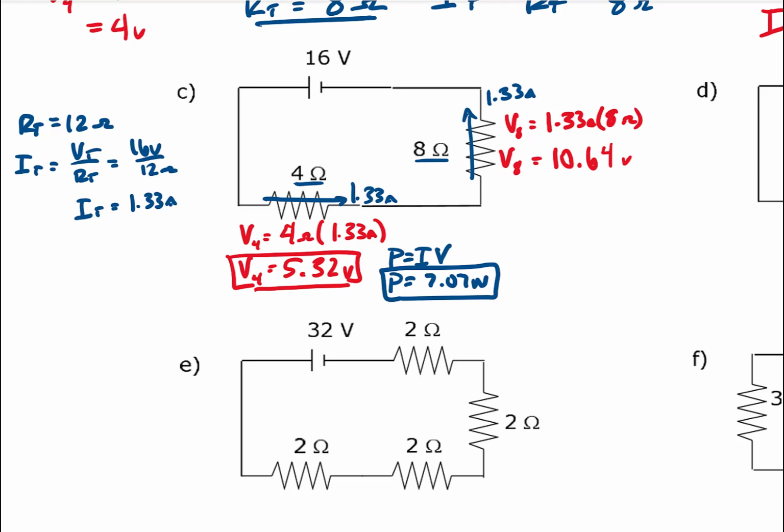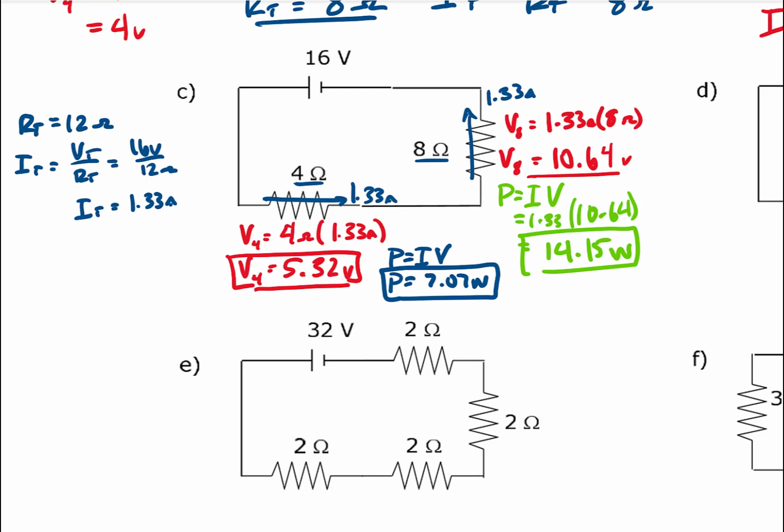If you put those together, you get something very close to 16. I think it's a rounding error if you don't quite get that. So that's our voltage, and if we want the power across this, it's going to be the current times the voltage, so 1.33 times 10.64, and the power on that one comes out to be 14.15 watts.